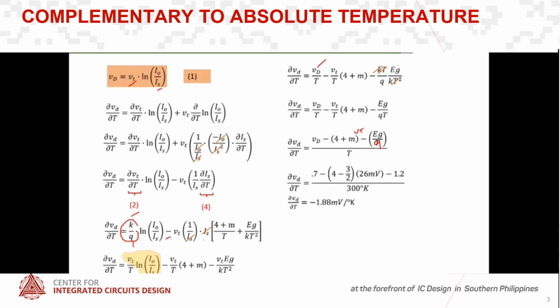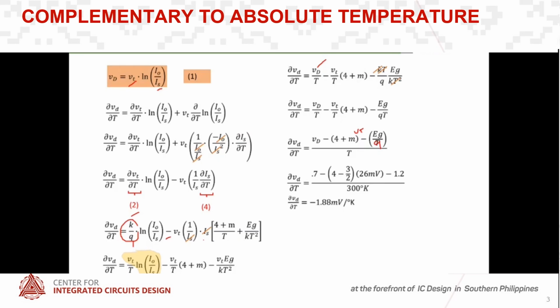Basically, this slope, or the change of the diode voltage with respect to temperature, varies accordingly because the diode voltage is not absolute; it can change. It can vary from 0.6 to 0.7 to 0.8. Also, the bandgap voltage can be of the value of 1.1, 1.2, and so on.